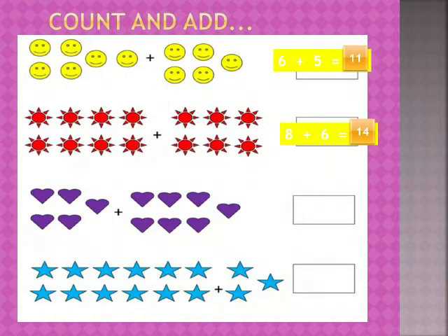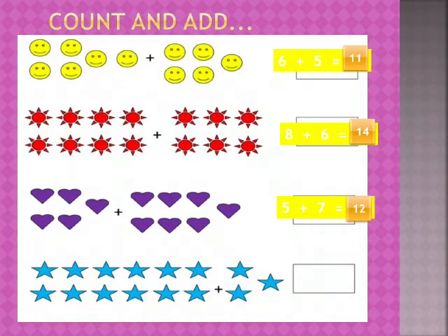Now let us count the number of hearts. There are 5 in the first group and there are 7 in the second group. So 5 plus 7, count them all together. 12. Very good. Now let us count the number of stars.